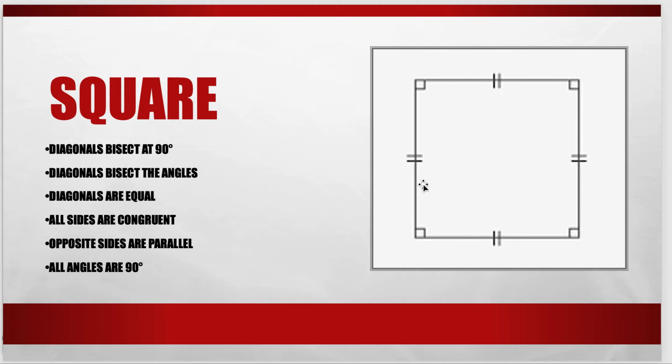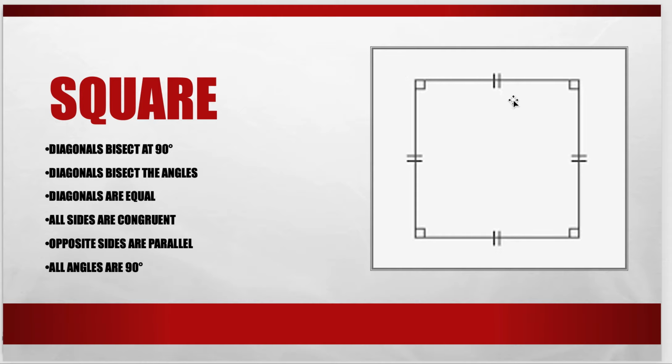And then the diagonals also bisect the angles. You can see, so if you imagine a line going from here to here, it cuts that angle directly in half. So if this angle's 90 degrees, whenever the diagonal goes through it, there would be a 45-degree angle here and a 45-degree angle here. Cuts directly in half. And then opposite sides are parallel.